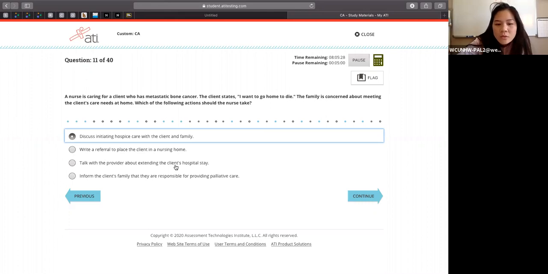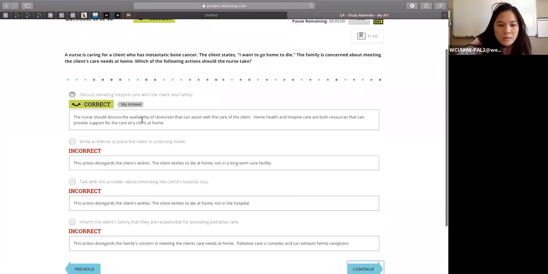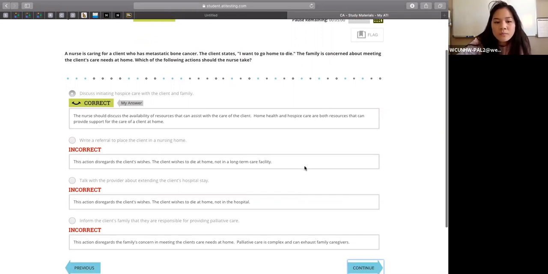If they resolve the problem, they need the bed, so they're not going to extend the client's hospital stay because the family is concerned about the client's needs at home. So I think it is A. The nurse should discuss the availability of resources that can assist with the care of the client. Home health and hospice care are both resources that can provide support for care of a client at home.